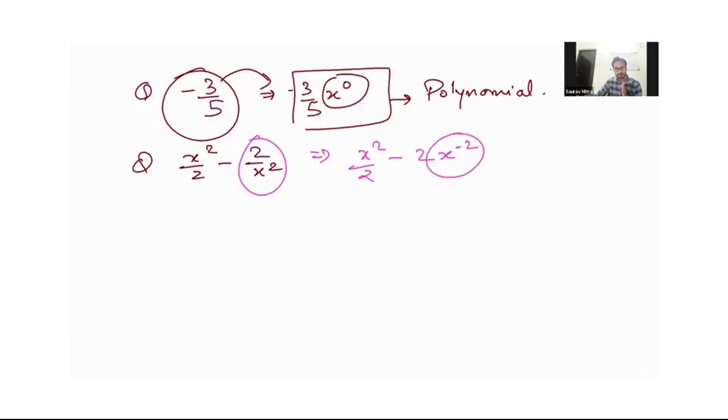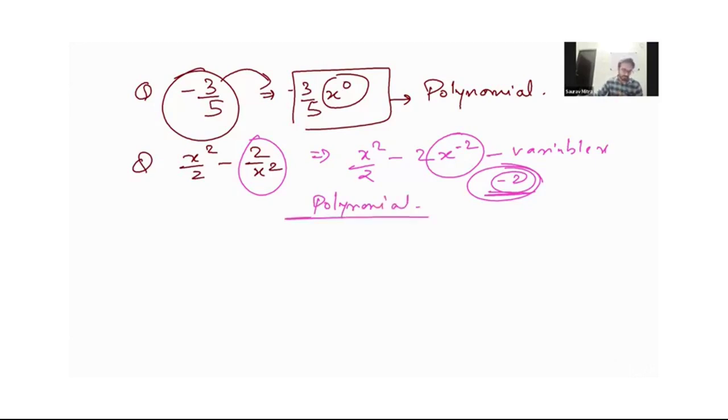Since it is negative, a negative degree is not acceptable, so this will not be categorized as a polynomial.